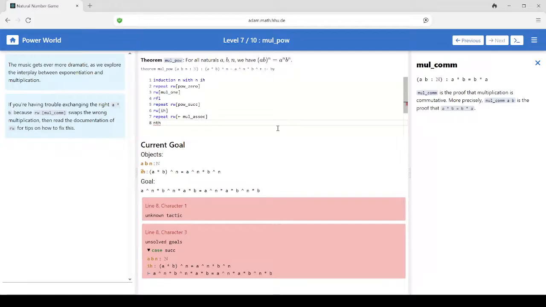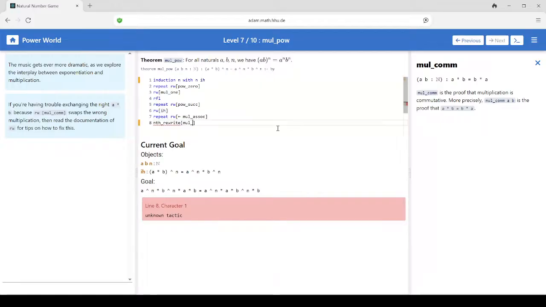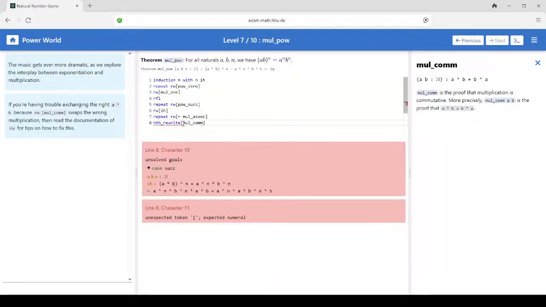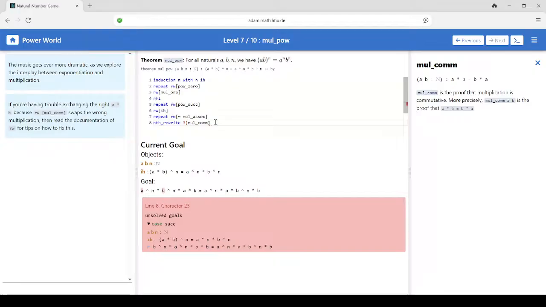Nth rewrite, multiply, commutative. Nth rewrite what, 3? What does that do? 4. That's not what I want.